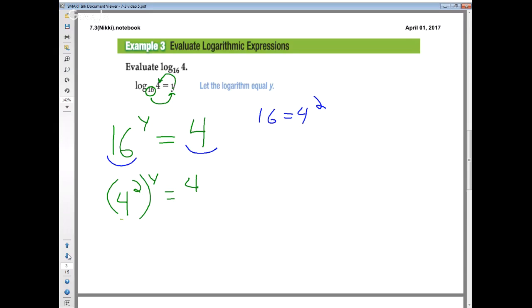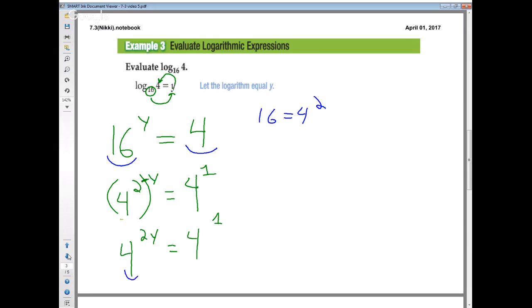And while we're at it, let's take the 4 that's on the right side and rewrite that as 4 to the power of 1. Then the next thing we'll do, let's multiply the 2 and the y that's right here. That'll become 4 to the 2y equal to 4 to the power of 1.